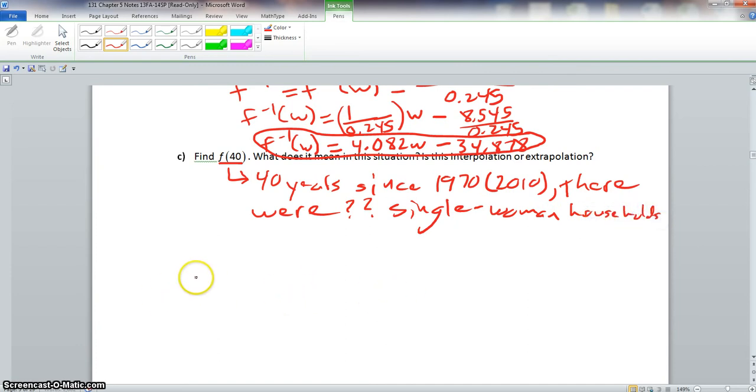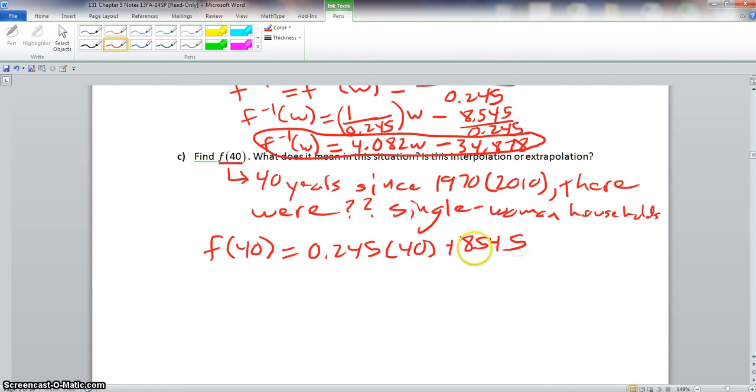So now we will go through and substitute. We'll have f of 40 is equal to 0.245 times 40 plus 8.545. Okay, now, once you put it in your calculator, you have f of 40 is equal to 18.345.